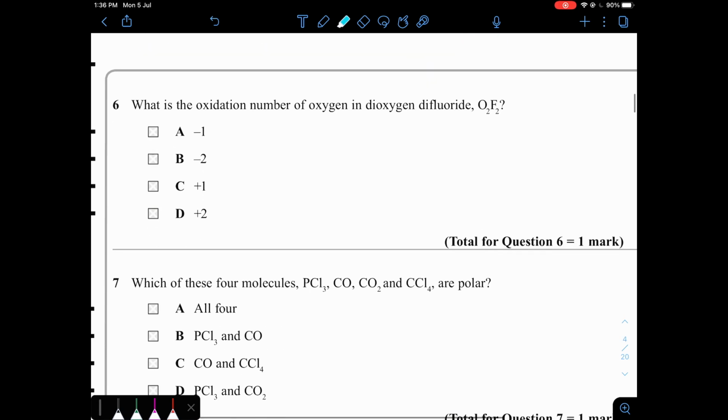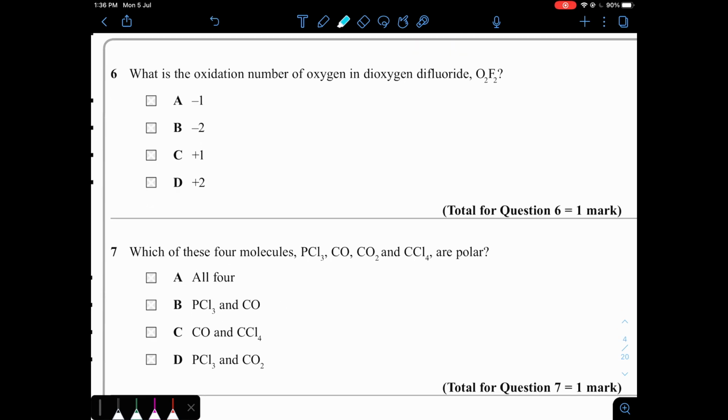Question number 6. What is the oxidation number of oxygen in dioxygen difluoride? So we have O2F2. Now, which of these atoms takes priority?